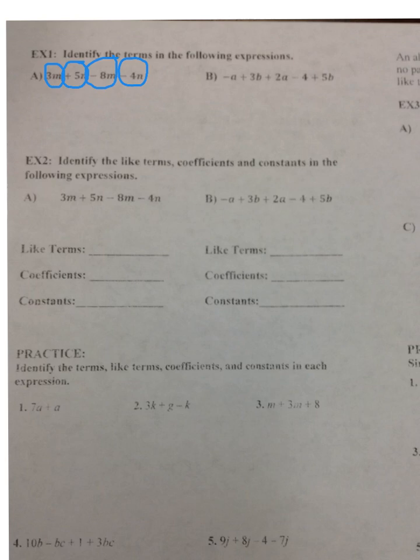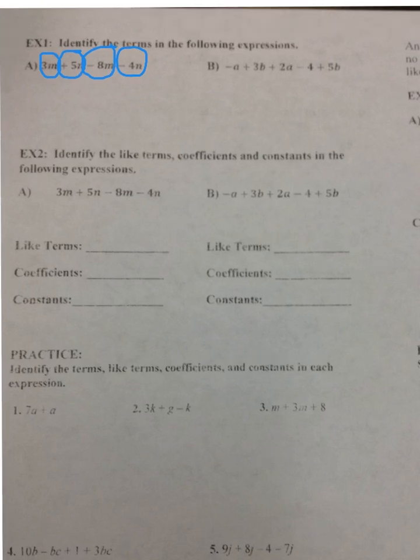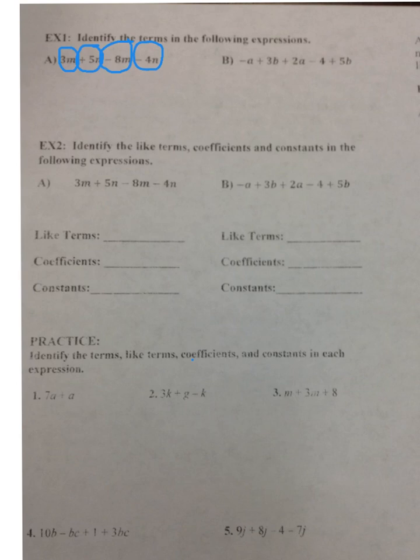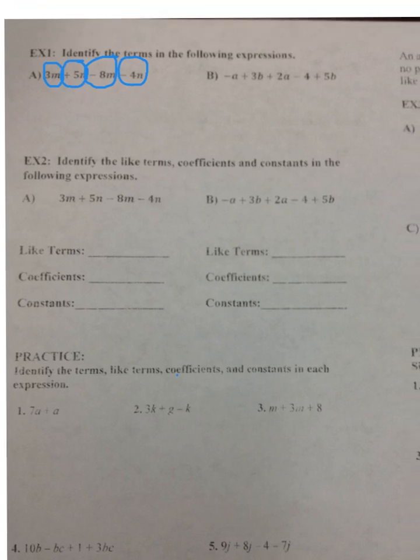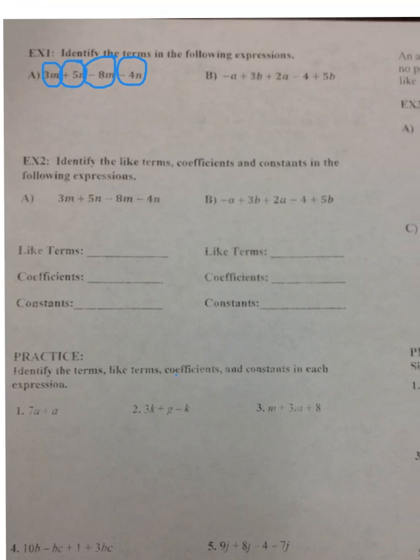So if I'm going to identify the terms, my terms would be 3m, positive 5n, a negative 8m and a negative 4n.